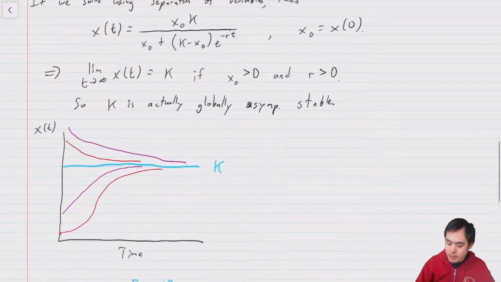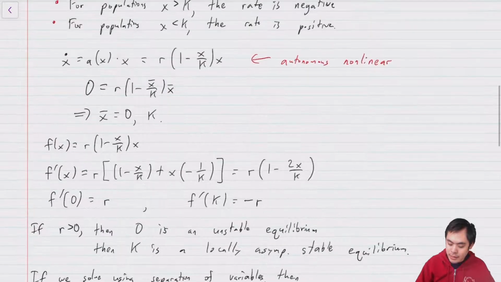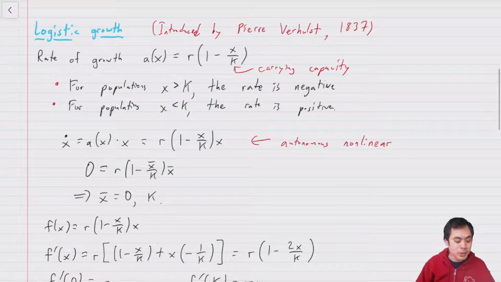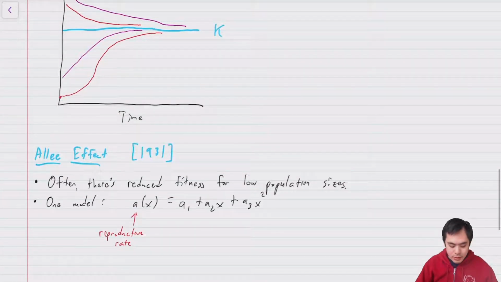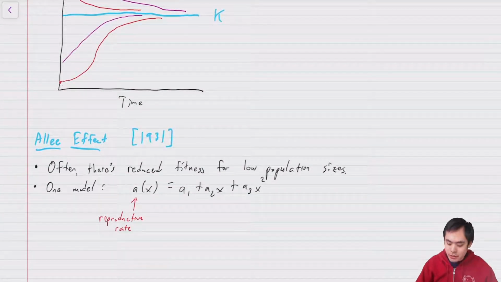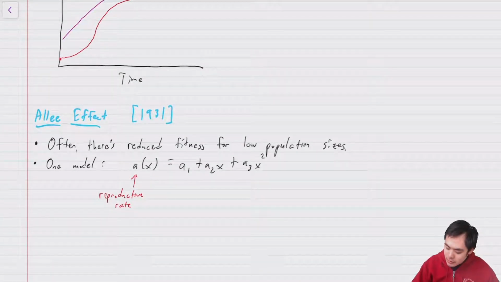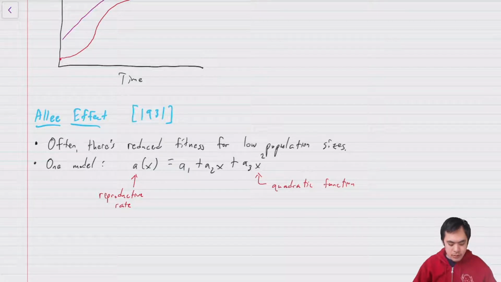And so note that above in our logistic model, we had a of x is equal to r times 1 minus x over k. Here we have a quadratic function in your population size.